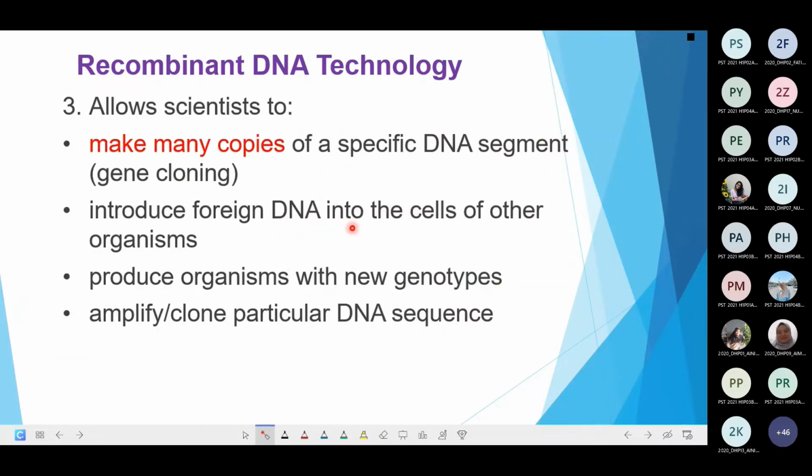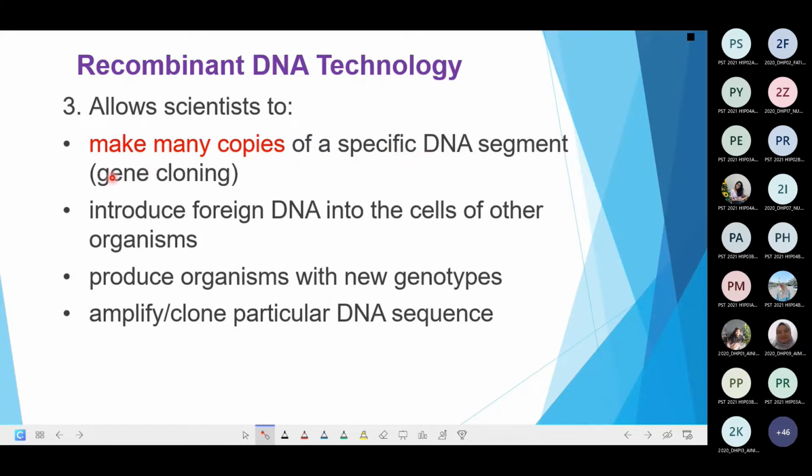What is so important about this technology? Of course, this is one of the latest technologies in the field of biology, in the field of biotechnology, and with this technology, scientists will be able to make many copies of a particular DNA segment or a particular gene.